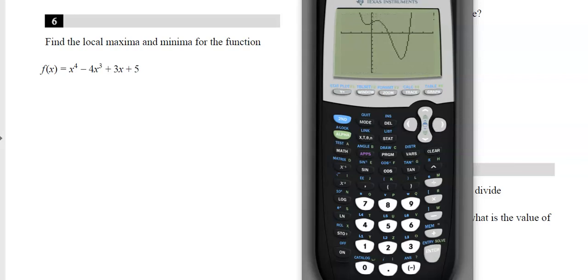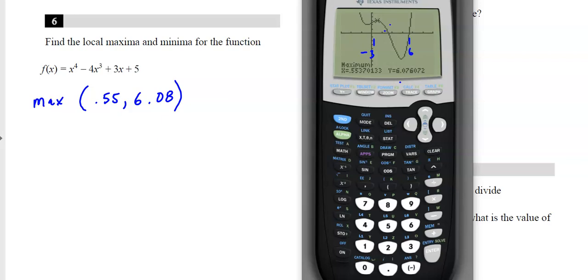Guess. Boom. So we have a max at x is 0.55. We have a height, a y value of 6.08. All right, so there's that maximum.